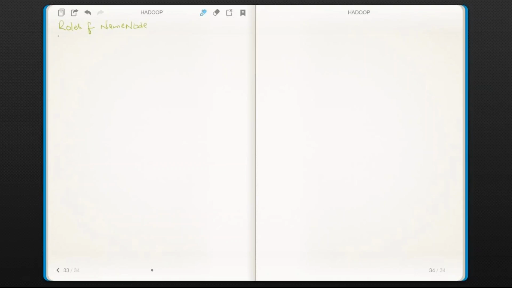Roles of the name node: it manages the cluster, keeps observing the data nodes, and when processing comes, it will assign the work to the data nodes. Apart from that, when the name node restarts, we lose the data which is in the RAM.